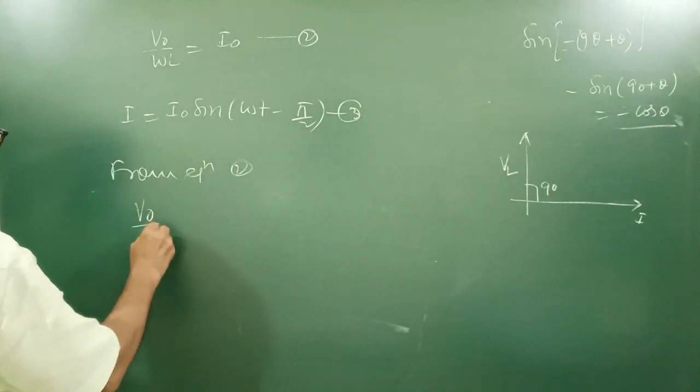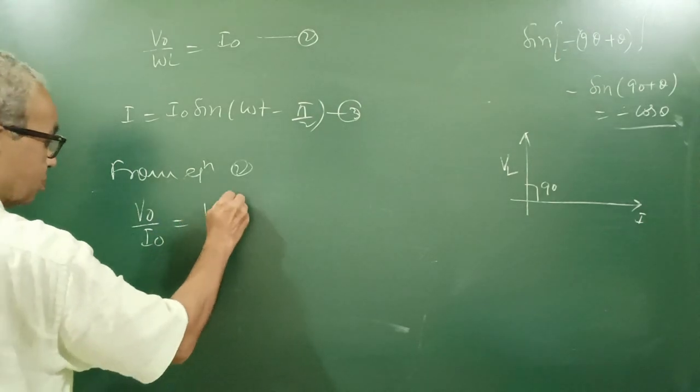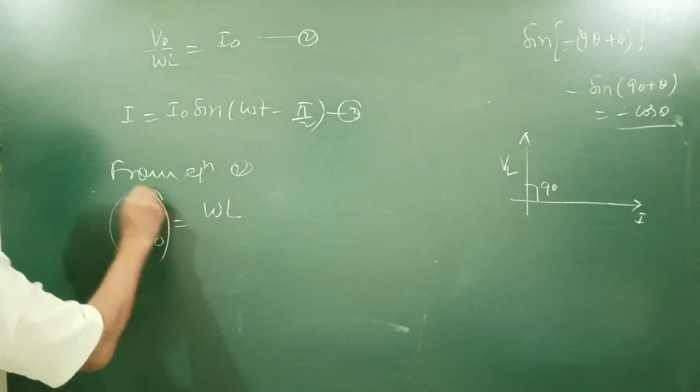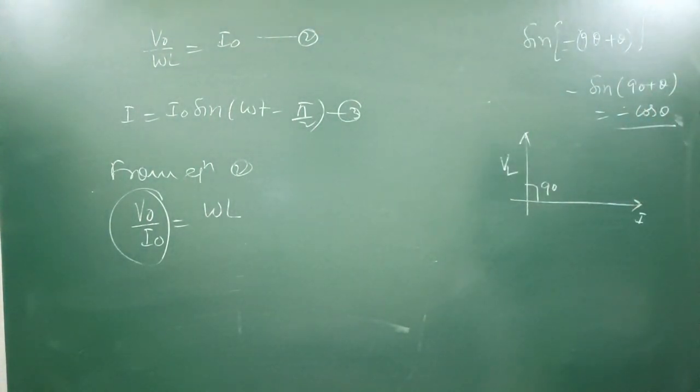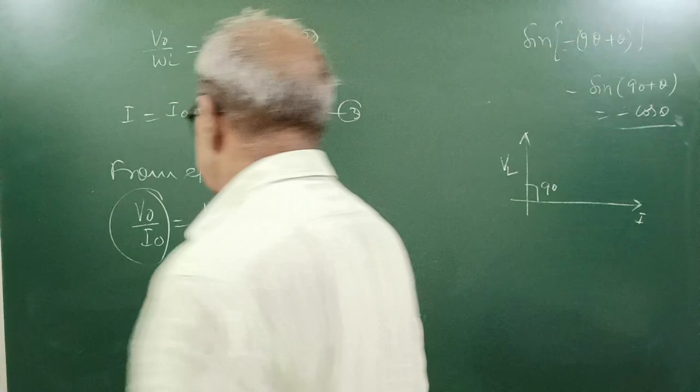V0 upon I0 is equal to omega L. V0 upon I0 is dimension equal to resistance, but we have taken pure inductor. Resistance is not there.